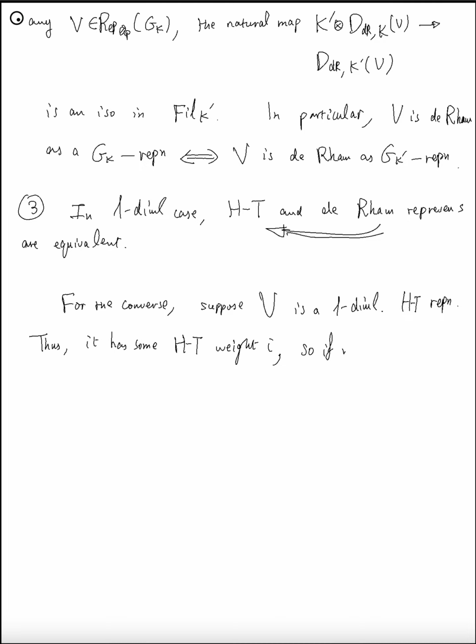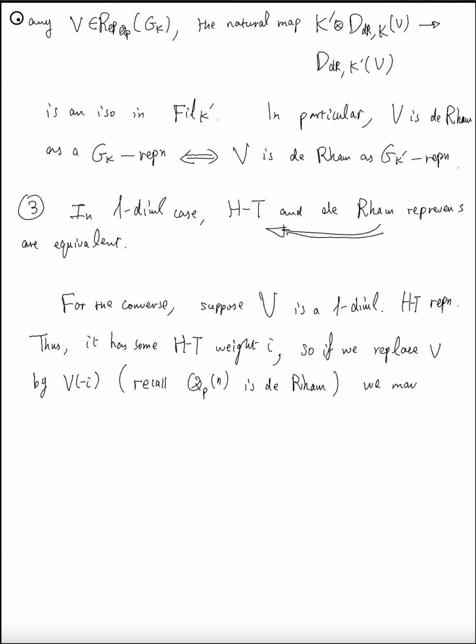If we twist by inverting the cyclotomic character to the power minus i, this process is totally fine, because de Rham tensor product with de Rham is still de Rham, and V is de Rham if its twist is de Rham.